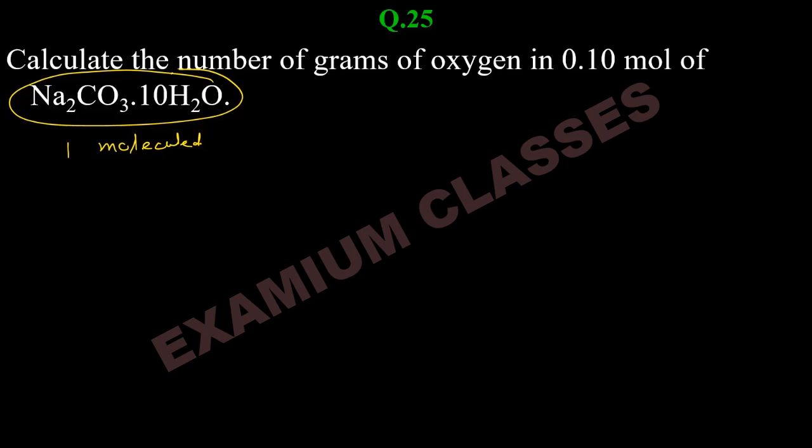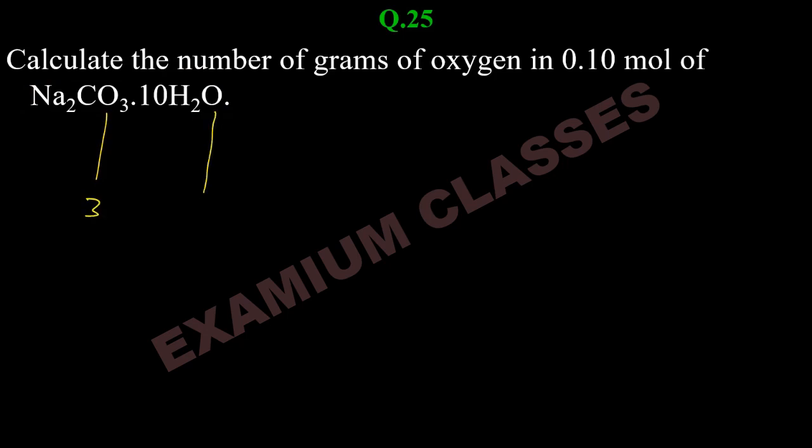You will find how many oxygen atoms are there. Here you have 3 oxygen atoms, and here you have 10. So oxygen is 13. Good. Because this is 10 H2O, not 1 H2O. 10 H2O will have 10 oxygen atoms, which means you will have a total of 13 oxygen atoms.